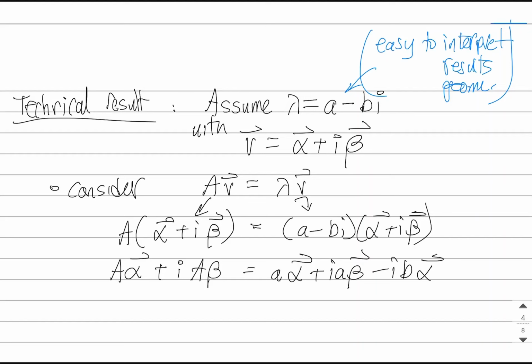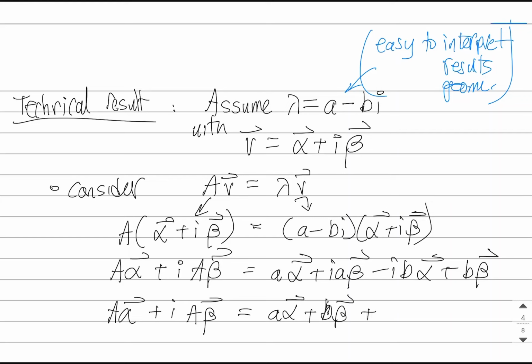Now, in the next case, you're going to get a negative b beta and i times i. So those signs will cancel out and you'll get a b beta vector. So a alpha plus i a beta. So you have a real part and an imaginary part.